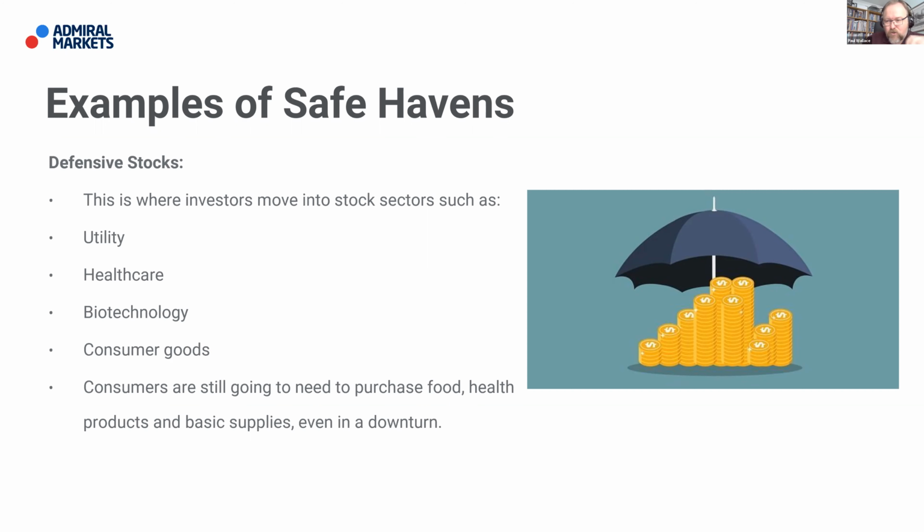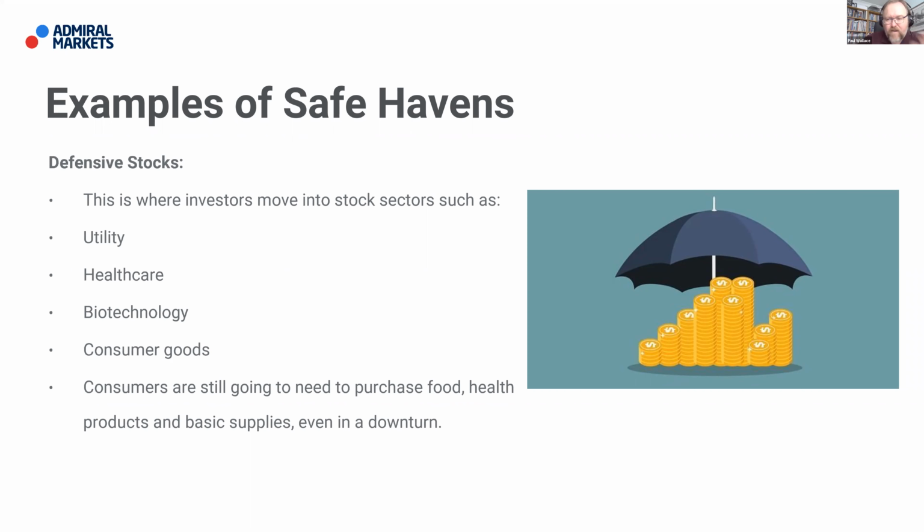Savvy investors will identify particular stocks deemed to be defensive, that they can buy into in order to retain value. Defensive stocks are generally not growth stocks. They're not your tech growth stocks like Amazon or Apple.